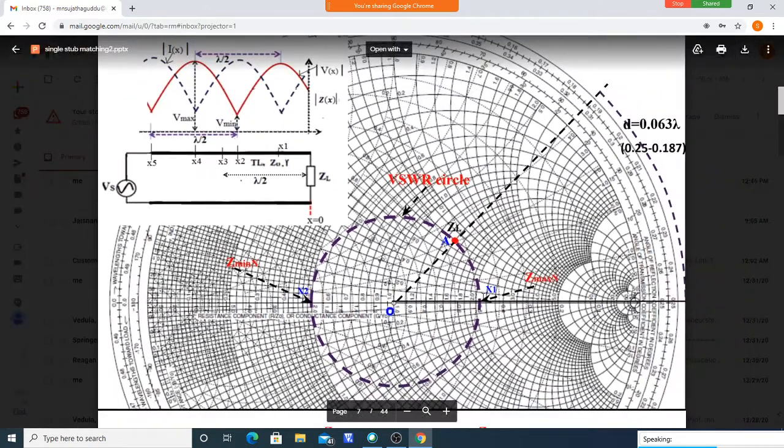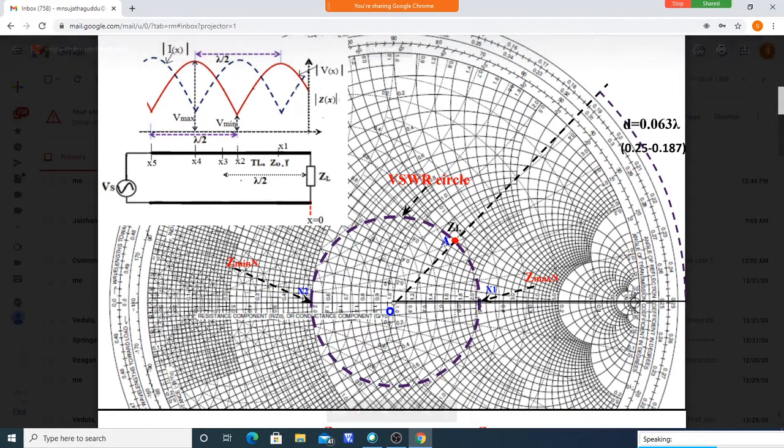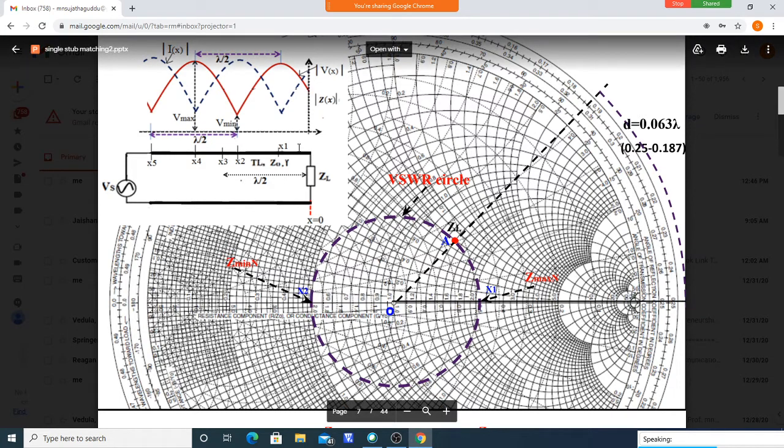So that is 2, and 2 multiplied by 50 is 100 ohm. So that is the maximum impedance that we can see.